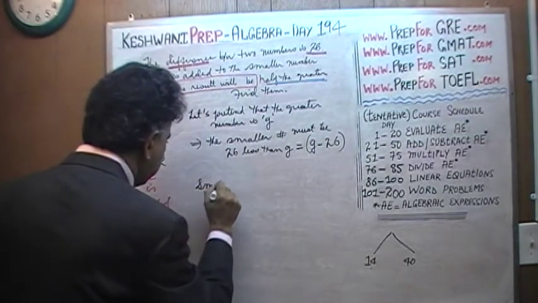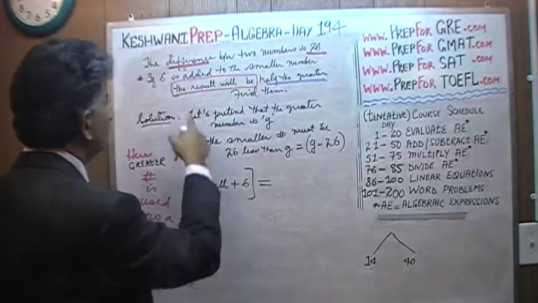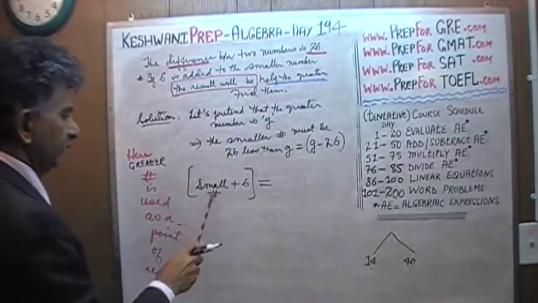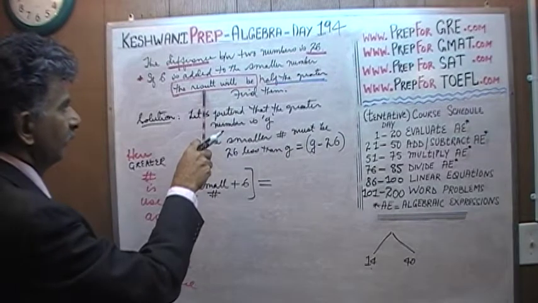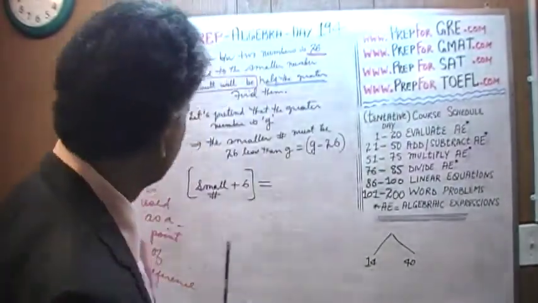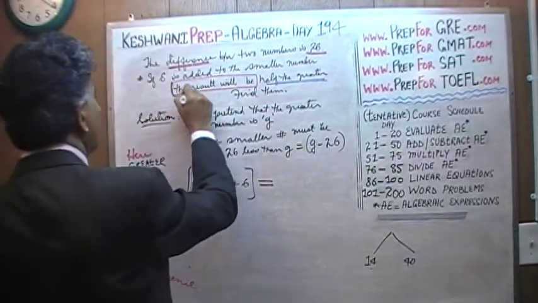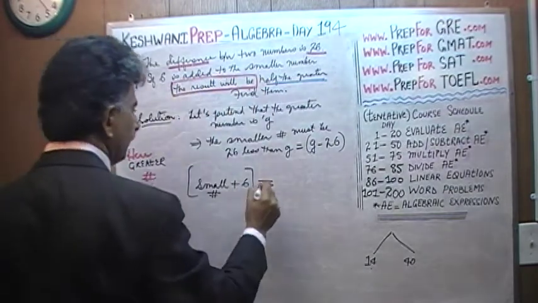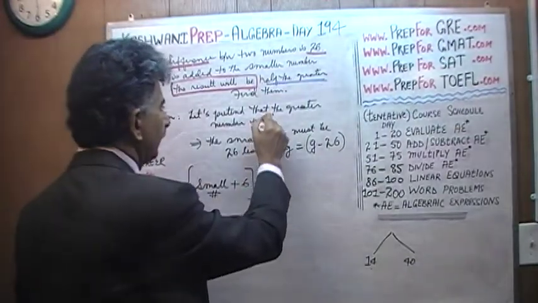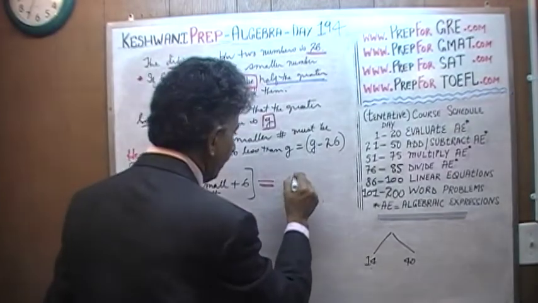Small number plus 6, we are told, if 6 is to be added to the smaller number, the result will be, that's our equal sign here, the result will be what? Half the greater number. Well, there is your greater number. The greater number in this solution is designated with letter G, and we'll have half of that.